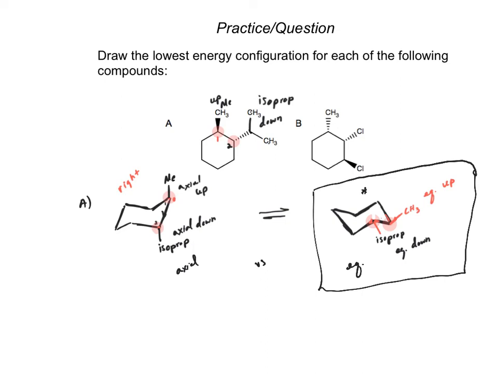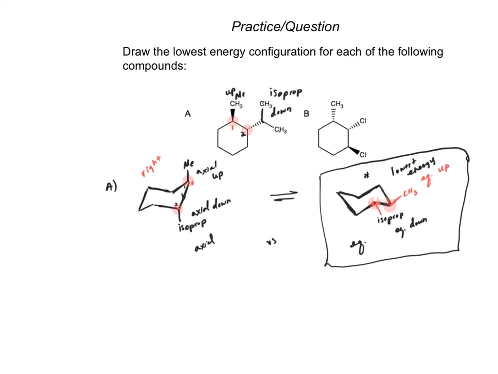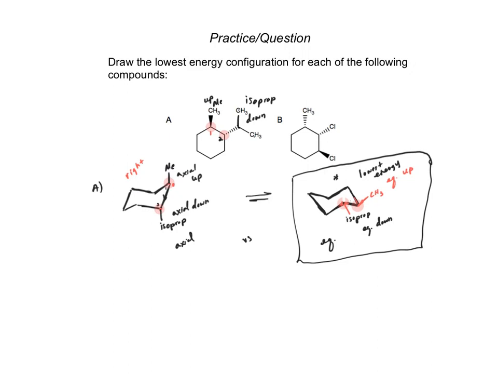Moving them into the axial position is going to cost energy, so this guy is going to be my lowest energy conformation, and it's going to predominate the overall makeup of my cyclohexane molecules at room temperature. Okay, so that's number one.